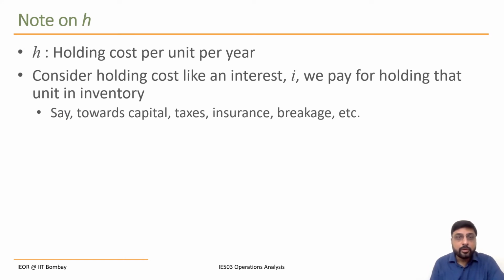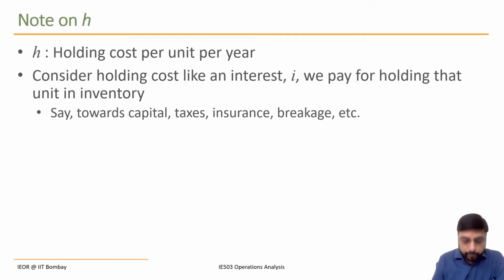A side note on this small h, that is holding cost per unit per year. So computing this holding cost, we have to make some assumptions. You can consider this holding cost is like some sort of an interest that we pay. For example, it can even include the opportunity cost, or the taxes and insurance, and the other cost that is incurred in actually holding that amount of inventory with us.